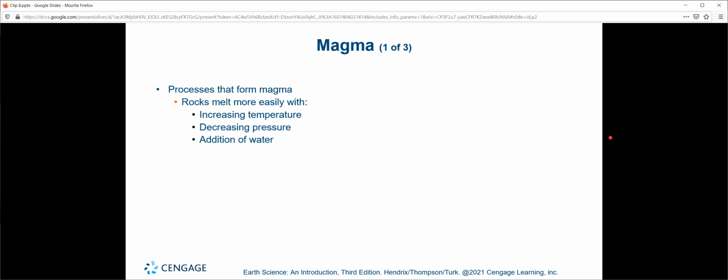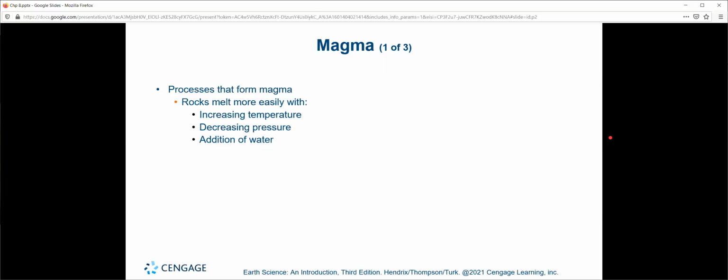So let's start with magma. We've talked already in this class, magma is what we call lava that hasn't busted through the surface yet, right? That's a super acceptable definition. What processes, though, form magma, i.e., how do you get it, right?